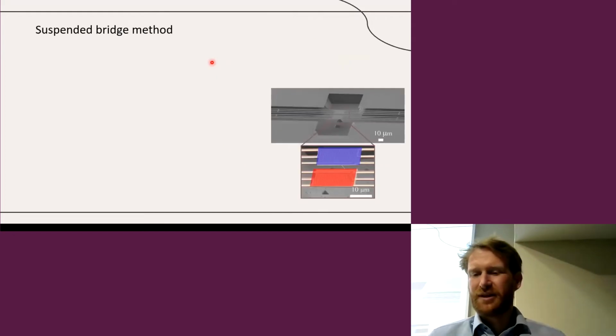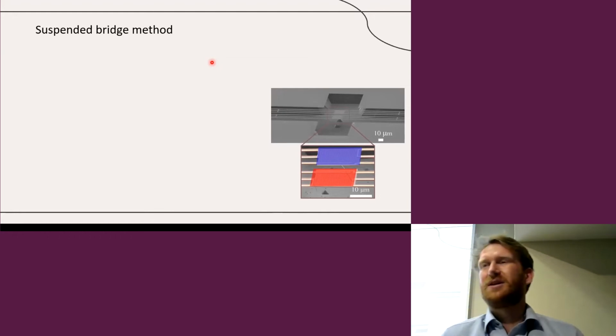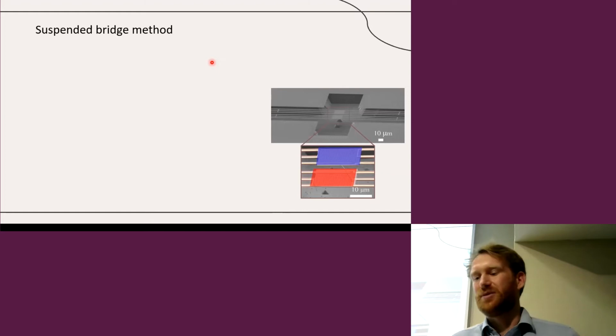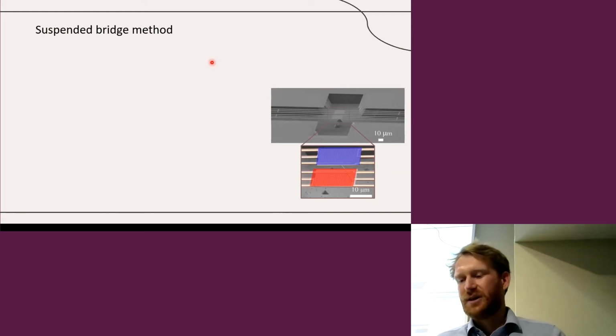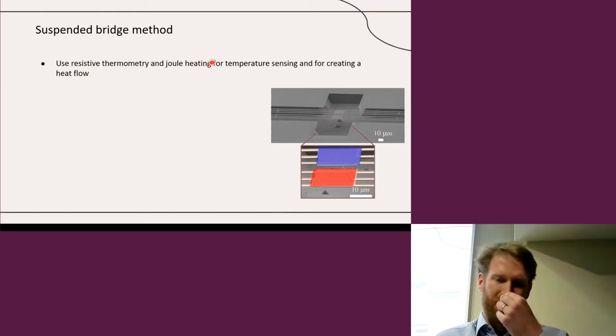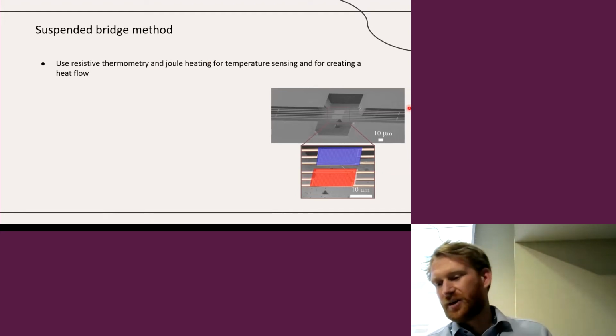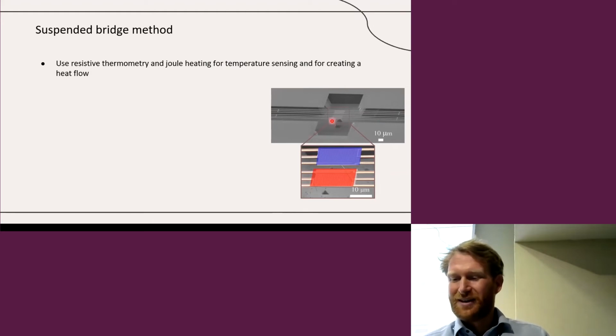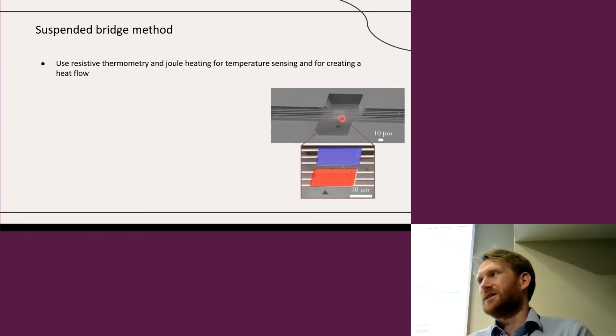The second electronic measurement that I wanted to talk about avoids the problem of needing a conductive sample by using conductive heaters and thermometers separately, but at the cost of a more difficult processing. That is the suspended bridge method. What you see here is two very long suspended membranes, because again, we need to make sure that our heat is not flowing through any substrate.